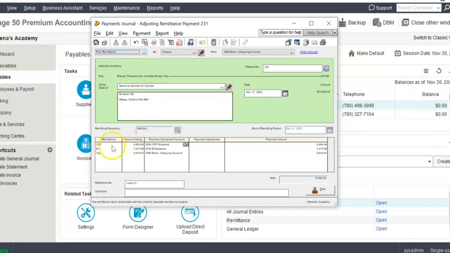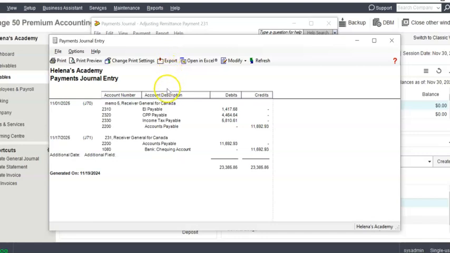You can see down here that the remittances are CPP, EI, and tax, and the payment amount. If you go here, you can see that it actually creates two entries. It takes it out of the payables accounts for EI, CPP, and income tax, puts it into accounts payable, and then from accounts payable, it pays out the cash and creates a check for the Receiver General. So that's what needed to be done for all of those entries.